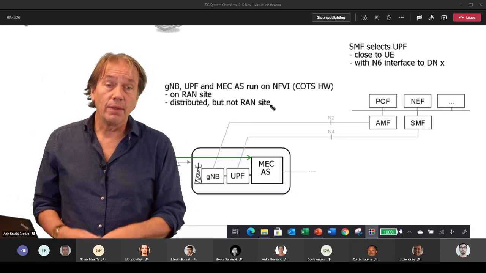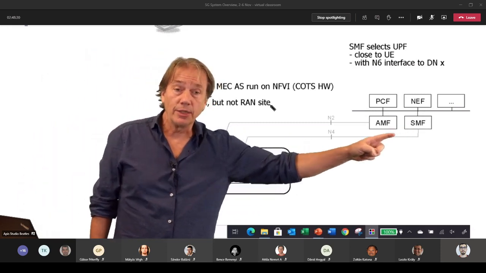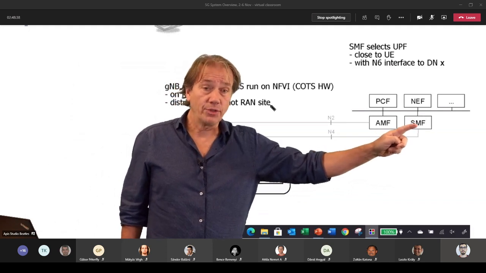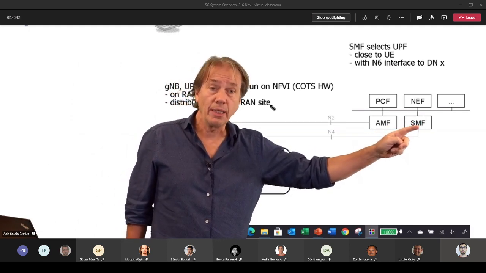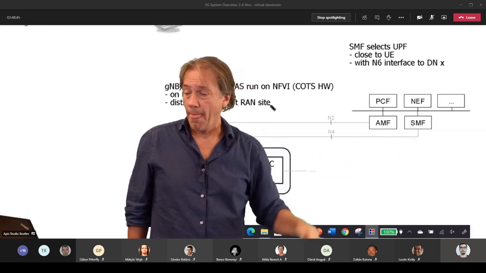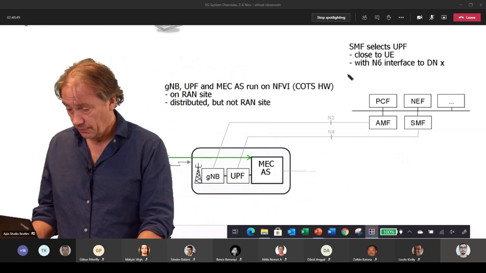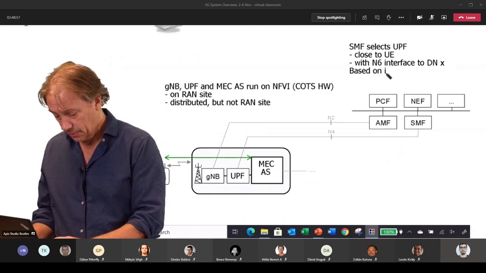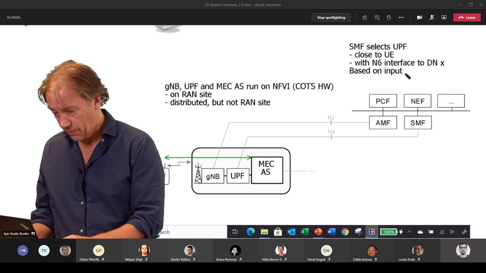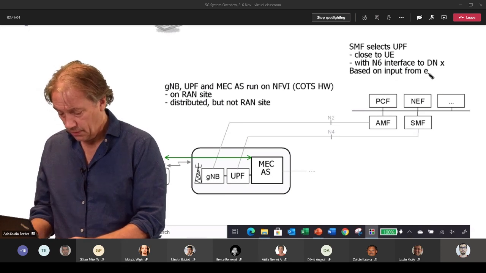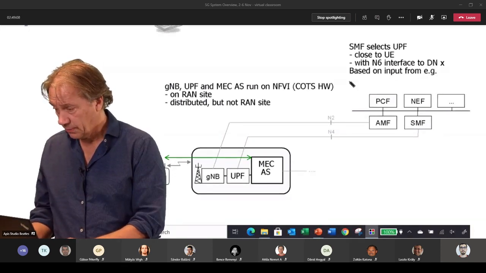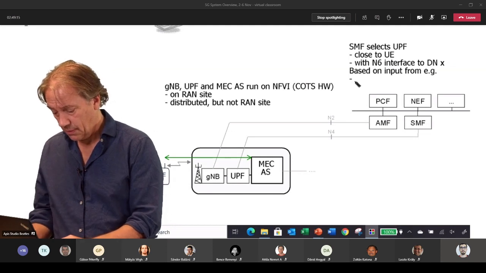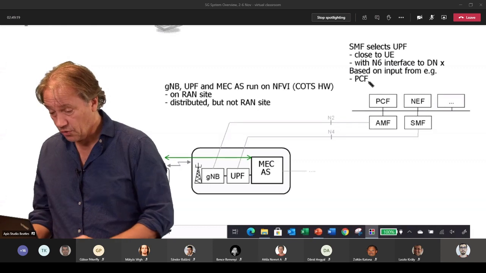And the reason why the session management function decides to use a user plane function here, well, the SMF has some knowledge or gets some input to do this, based on input from, for instance, the policy control function.